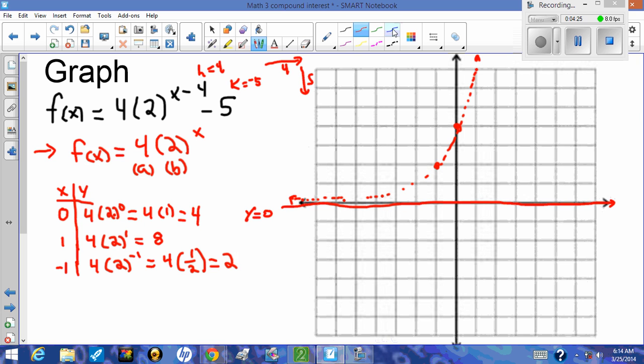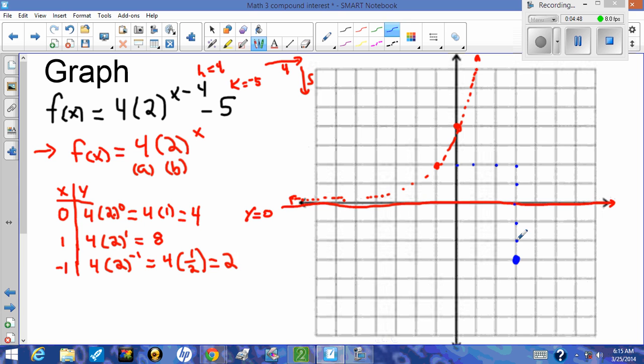So I'll go ahead and change color. Your points are done lightly, and we're going to make these really dark. So let's start with the bottom point. I'm going to move it over 4. 1, 2, 3, 4. Down 1, 2, 3, 4, 5. There it is.